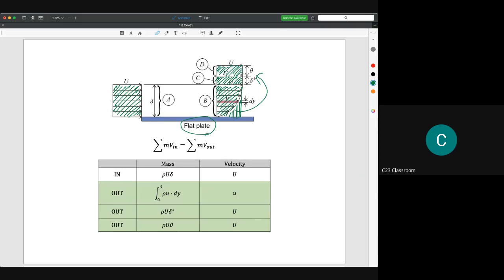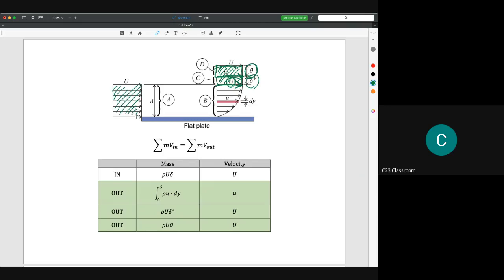So we remain the rectangular area showing the delta star here, and we add a new rectangular area that shows the momentum thickness. And again, the velocity for this area is capital U, because this area is beyond the velocity distribution. So the velocity in this area is the same as the free stream velocity.